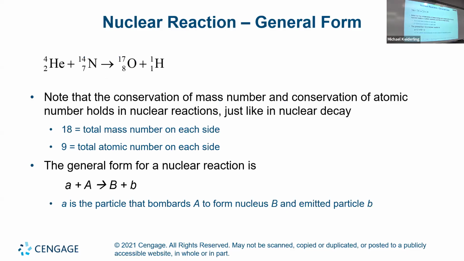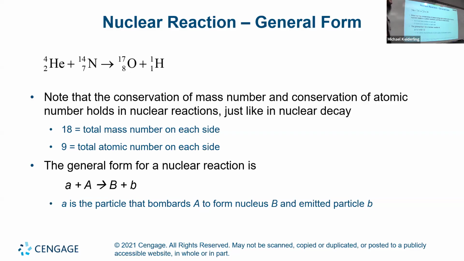And you'll note that the mass number and the atomic number are conserved in nuclear reactions, just like in nuclear decay. So the total mass on each side is 18. The total atomic number on each side is 9.